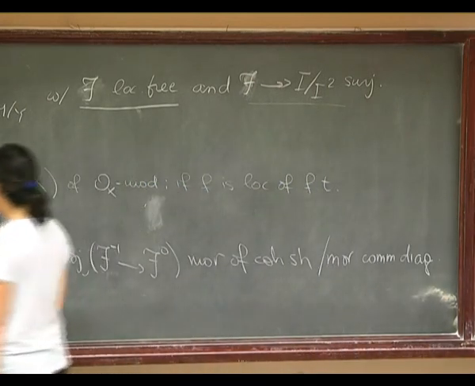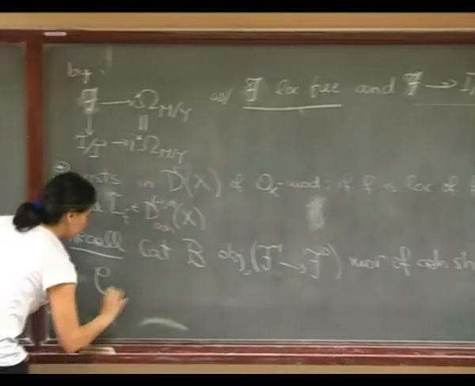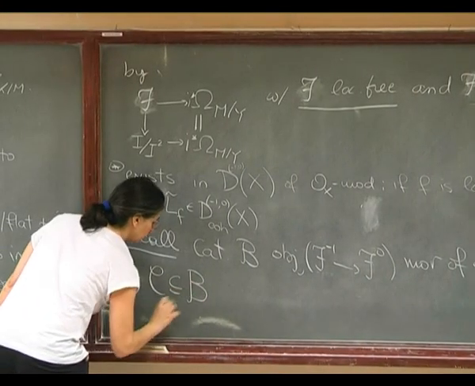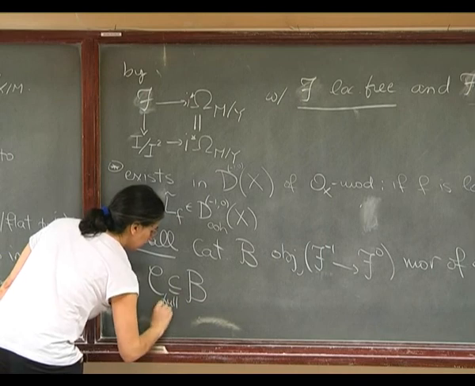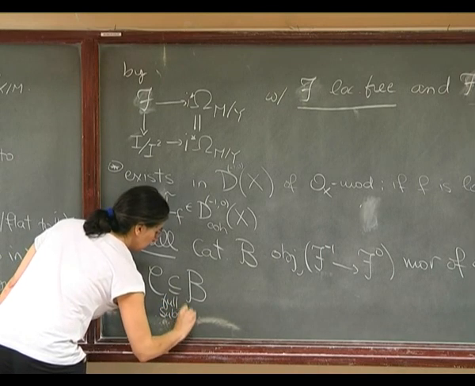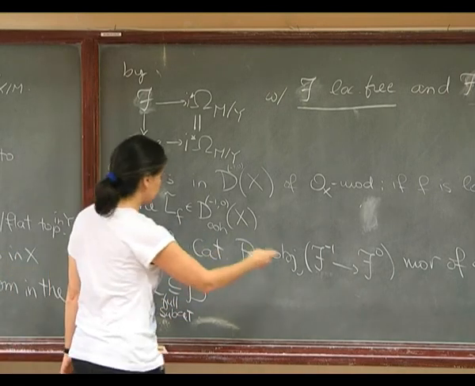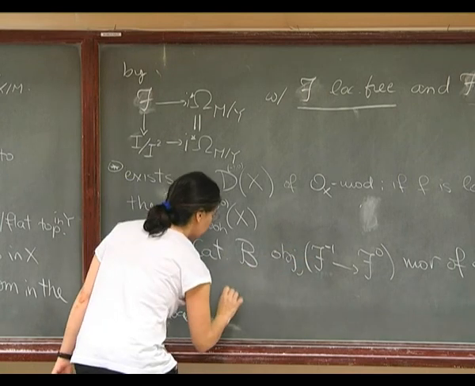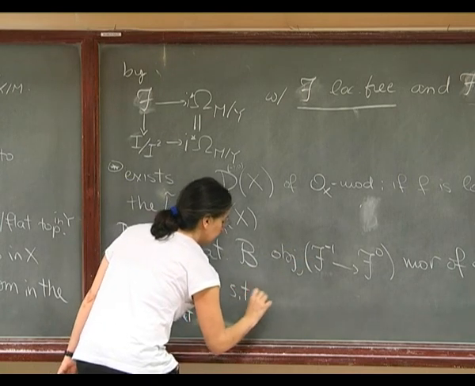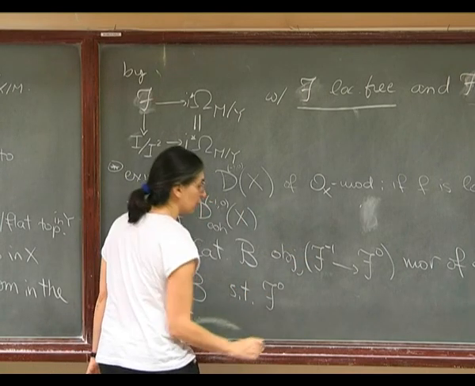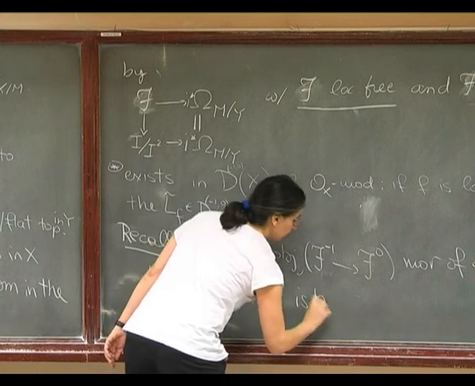And inside this, we have a full subcategory C, which is the same, but with the condition that F0 is locally free.